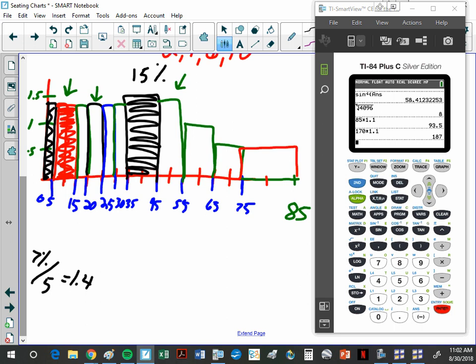Maybe there are no 1-year-olds, but there are 0s and 2s and 3s and 4s. Does that make sense? If we had to guess, what would our guess be? Our guess would be 1-year-olds, but we don't know for sure because there might not be any 71-year-olds. So we don't know.